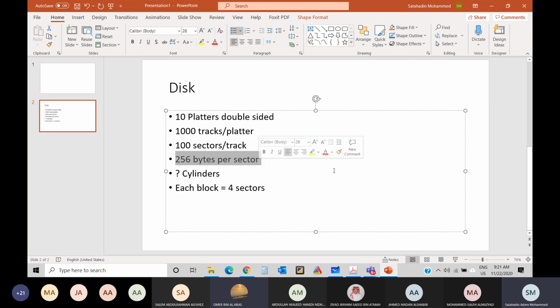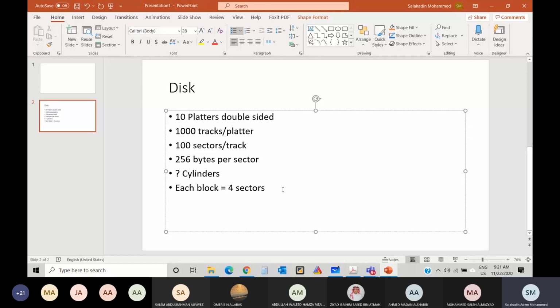How many bytes do I have per sector? 256. Yes. So each block is equal to 4 sectors, so times 4, which is 1024, right? Yes. Okay, which is 1K. So each block is equal to 1K.